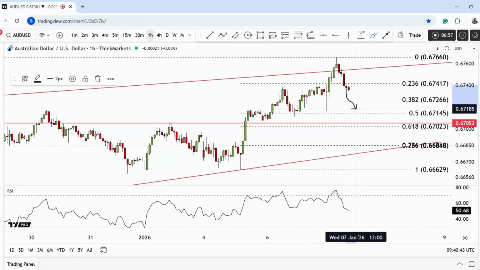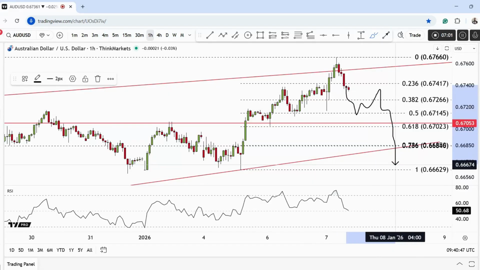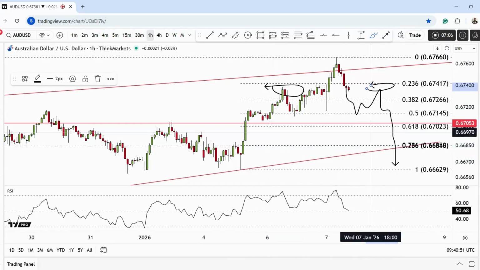Perhaps we might even get, yes, you heard it right, a head and shoulders pattern, if the 50% over here at 67.15, that's the territory, like 15 pips, would hold.